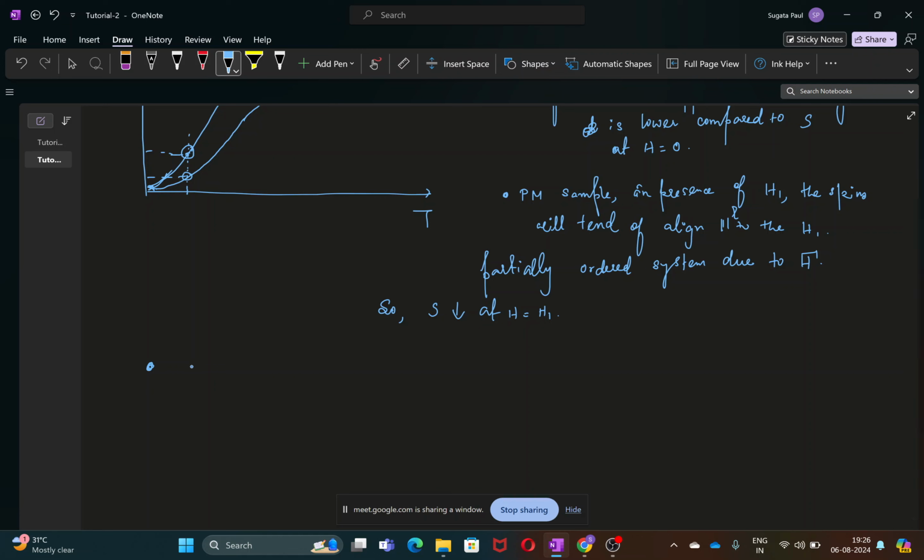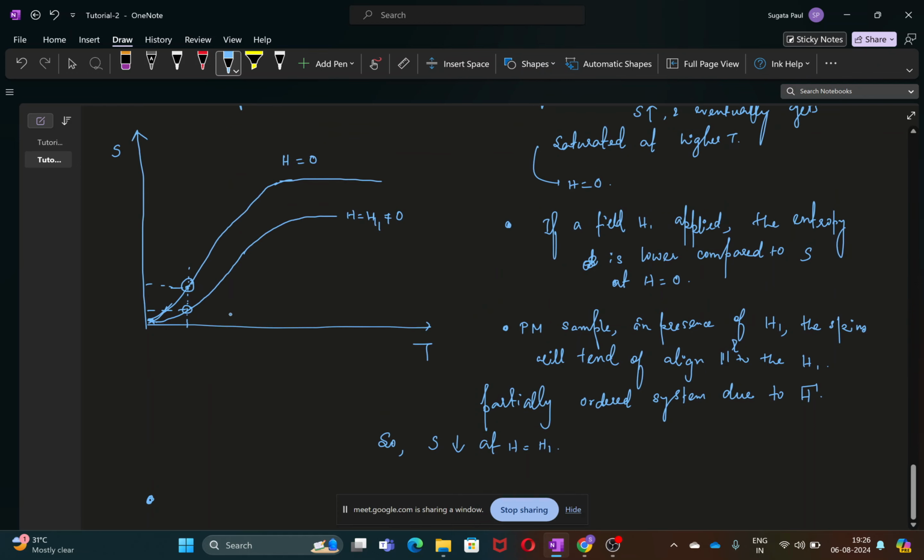So let's say initially there is no magnetic field and you switch on a magnetic field around the sample. Obviously the sample will start to get magnetized, and as we see from the entropy graph, it goes from 0 field to a finite field value. So this is from A to B, let's say.